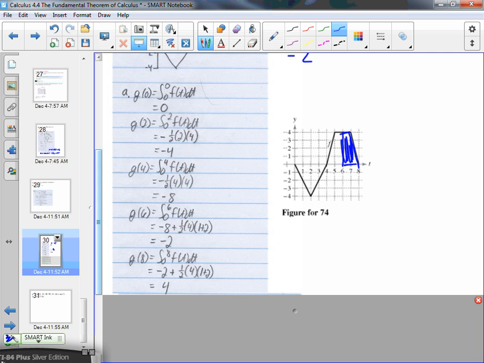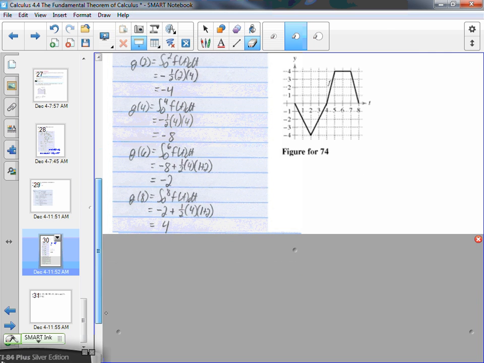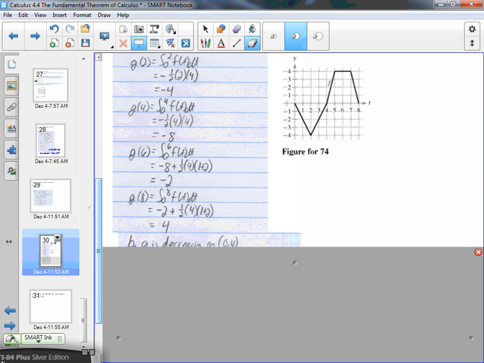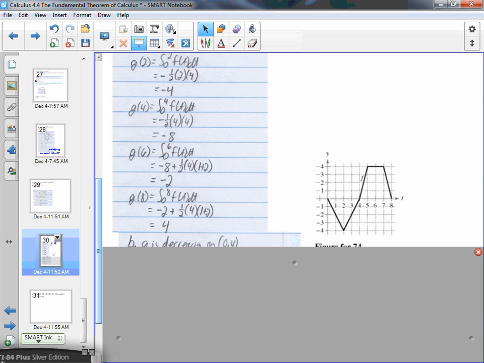And now they ask us some nice questions. All right, let's see. Find the largest open interval in which f is increasing, and then the largest open interval in which g is increasing, and then the largest open interval in which g is decreasing.